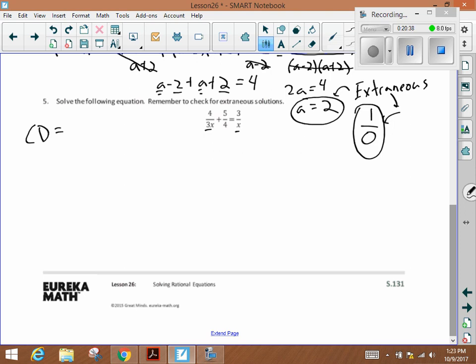We're going to go ahead and choose, I think 12x would be the one to go with, right? 12x. Why? Because 12x is divisible by 3x. It's divisible by 4, and it's also divisible by x, right? So that's why that works. So I'm going to go ahead and multiply every one of these terms by 12x.